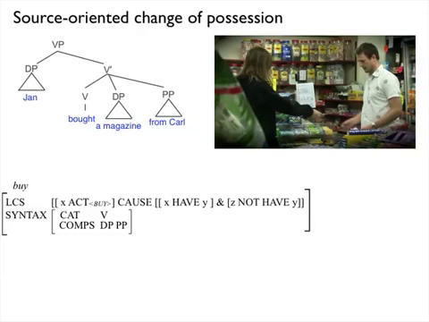So buying is an act in which the agent does something and is also the recipient of something, right? And then the agent comes to have something, and someone else comes to not have it, right? That's what's involved in buying.